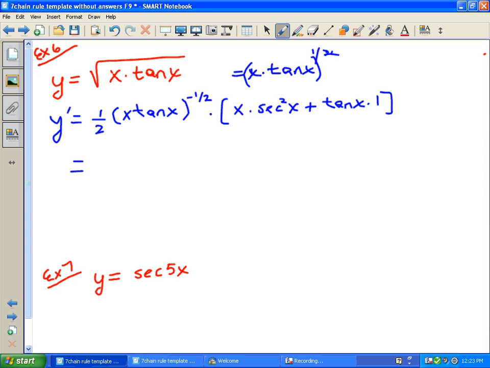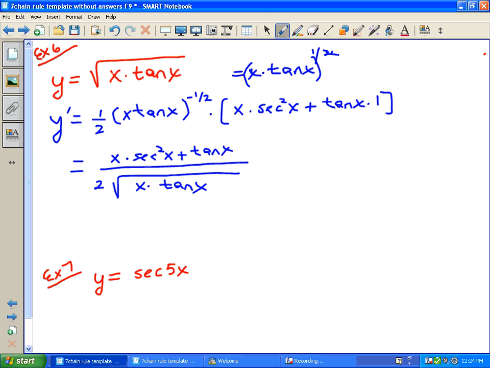And rewriting all of this, just remember that the negative exponent can come in the denominator as positive 1/2 power, which is nothing but the square root. And that is our answer.